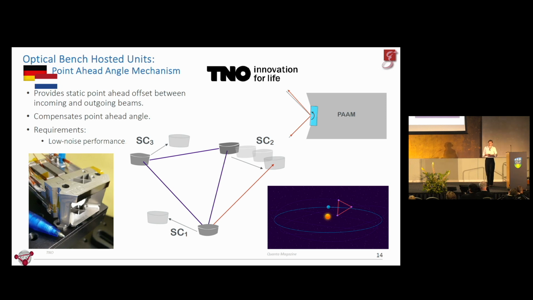Therefore, the Netherlands company TNO is developing the point-ahead angle mechanism, which is a single optical component that rotates around an axis that coincides with the surface of that optic to minimize the noise and the piston effect coming from the rotation of that optic. And here is the picture of the actual unit, courtesy of TNO. So that's how it looks.